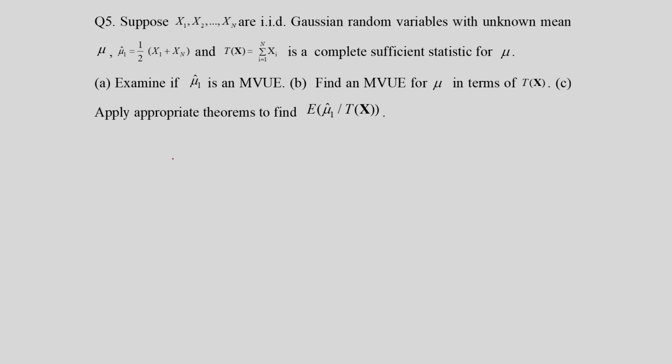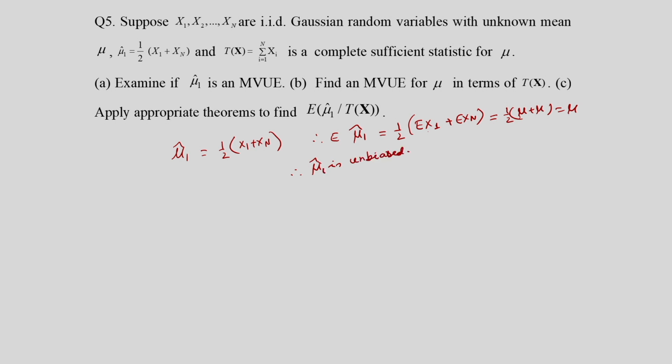So, here mu1 hat is equal to half of x1 plus xn. Therefore, E of mu1 hat will be equal to half of E of x1 plus E of xn. Now, the xi's are IID, so all will have the same mean mu. Therefore, this will be half of mu plus mu, that is equal to mu. Therefore, mu1 hat is unbiased.